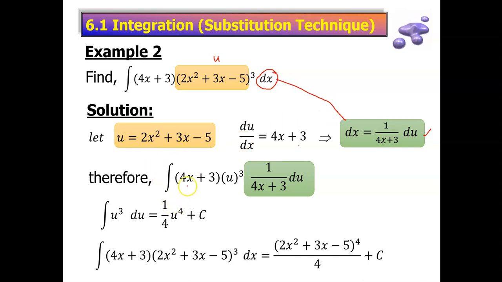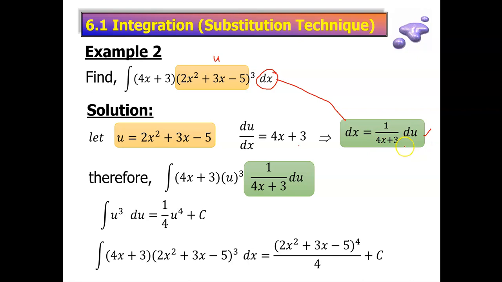So now we're going to solve it. The integration of 4x plus 3, and the longest one over here has already become u to the power of 3, because we have the power of 3 over here. And then we have to substitute the dx. The dx is no longer dx, it becomes 1 over 4x plus 3 du.